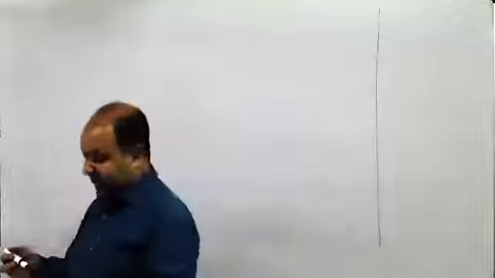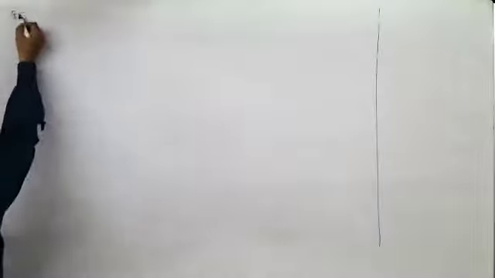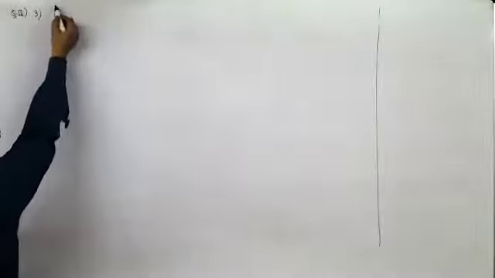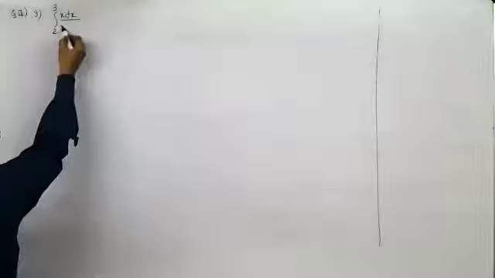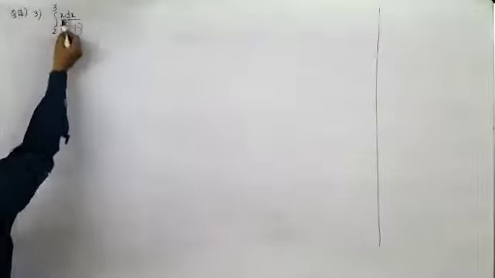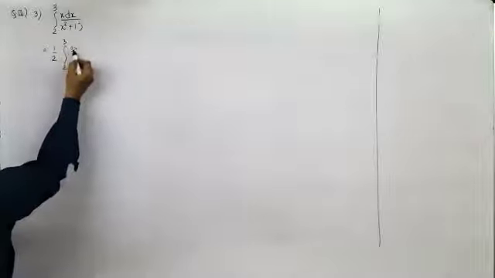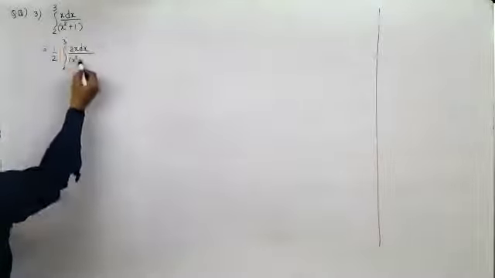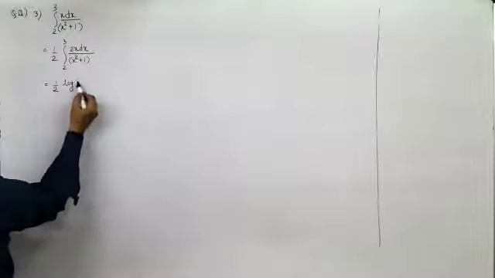Next one is x upon x square plus 1 between 2 and 3, that is question number 3, the third part. Now, if you observe here, this is linear, this is quadratic, so I'll multiply with 2 and divide by 2. So I'll get 2x dx upon x square plus 1. The derivative of the denominator is the numerator, so I'll get half of log of x square plus 1.